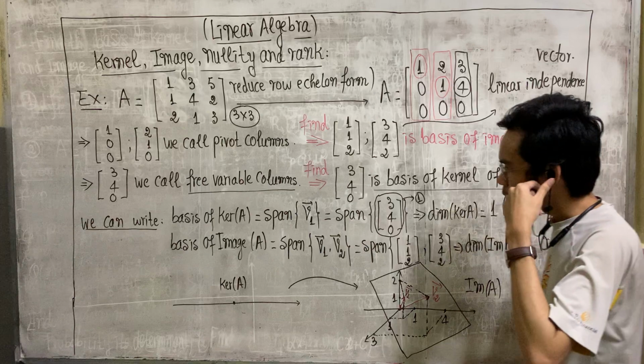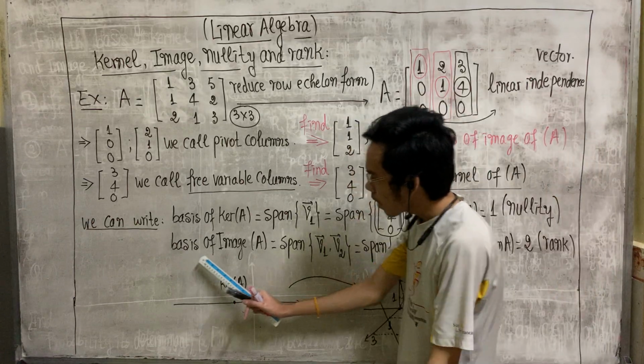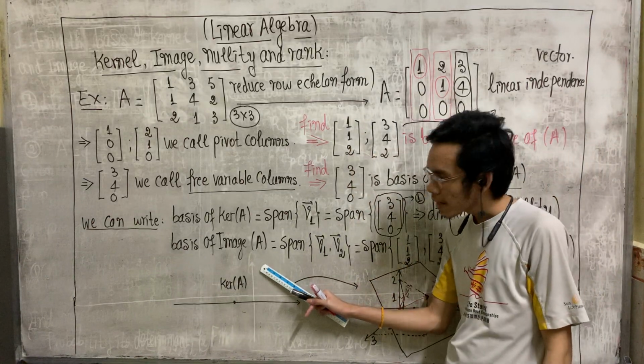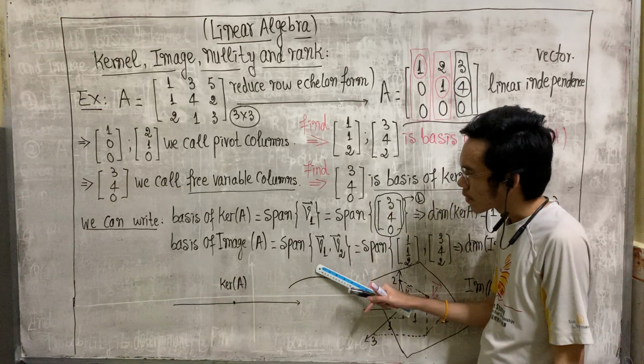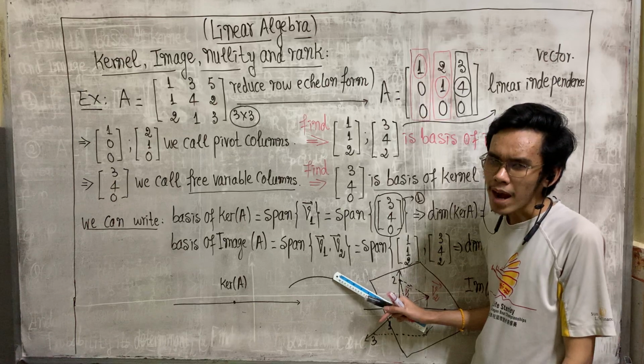So the basis of the image of the matrix A, we can write as the span of the vectors v1 and v2. Why?